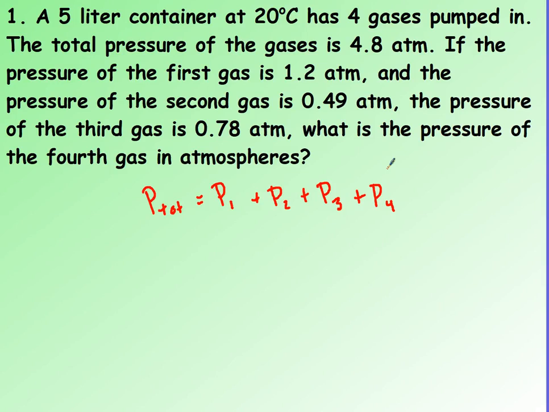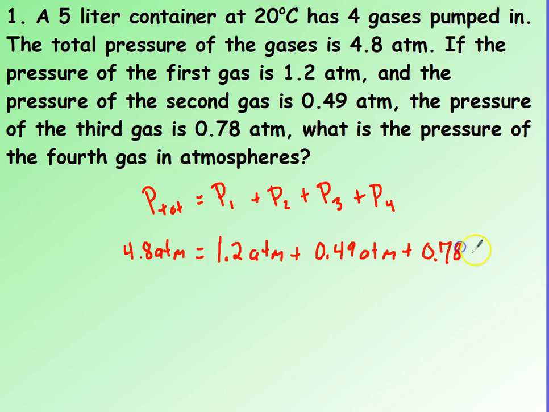All you need to do is plug it in and solve. The total pressure is 4.8 atm, which is equal to the pressure of the first gas, 1.2 atm, plus the second gas, 0.49 atm, plus the third gas, 0.78 atm, plus the pressure of the fourth gas.